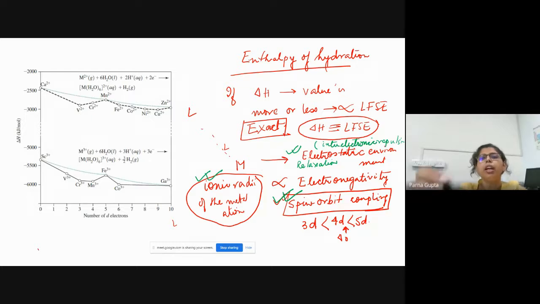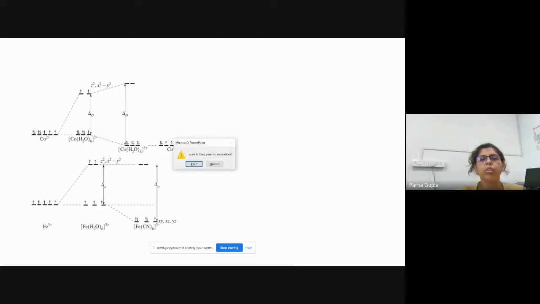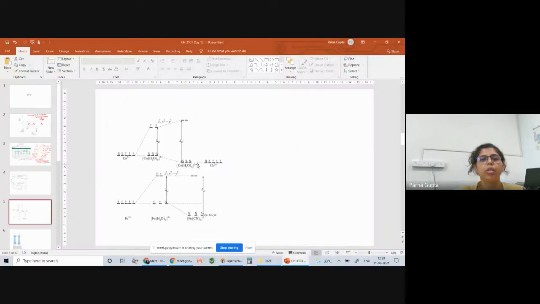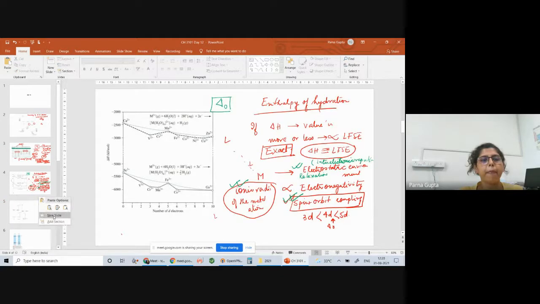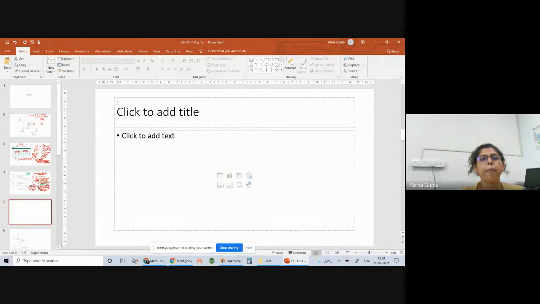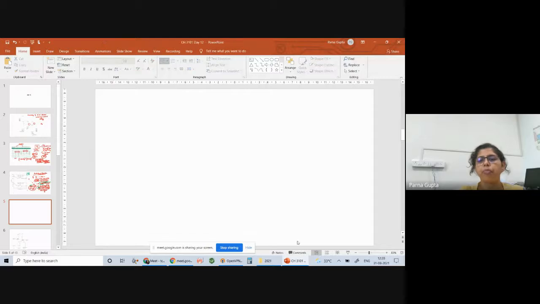So the del zero value, until now we have learned that it depends on the ligand. In what form? Del zero depends on metal and ligand.